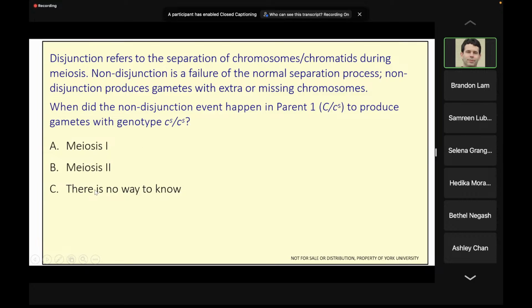Discard C right now. You can figure this out. So C is not an answer. Please don't put C. I'm going to give you a hint. If you draw it out, you're much more likely to figure this out than if you don't.